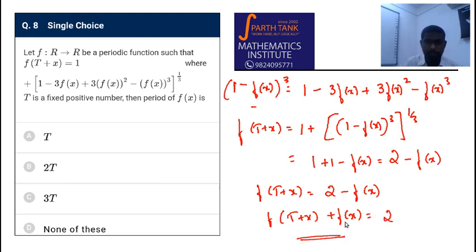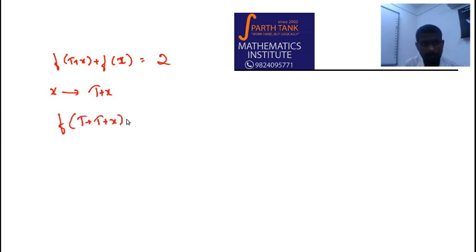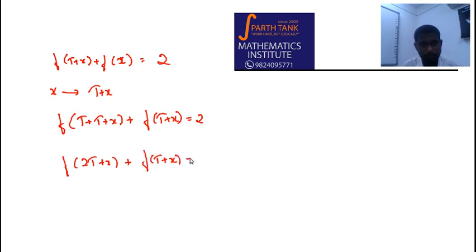Right? Now using this, how can we calculate the period of the function? Let us keep this: f of t plus x plus f of x is 2. Now this should hold for any value of x, right? So let us take a value of x as t plus x. Now that should give me f of t plus x plus f of t plus x is 2, or f of 2t plus x plus f of t plus x is 2.